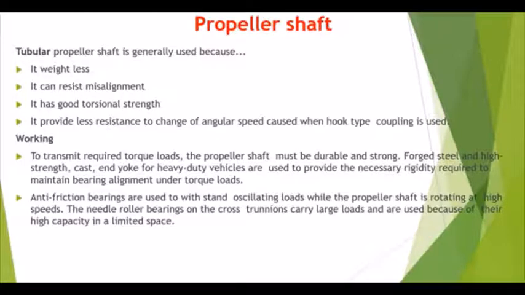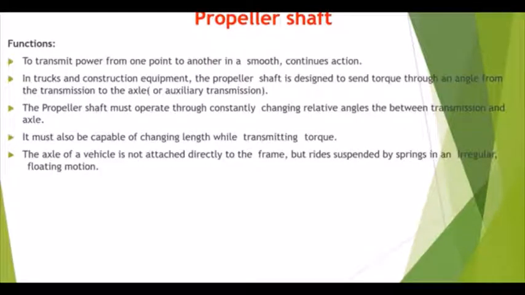In the case of this drive shaft or propeller shaft, there are two different kinds of drive: one is the Hotchkiss drive, and the other is the torque tube drive. I'm not going into detail about how the Hotchkiss drive and torque tube drive work, but you should have a brief understanding of them. The Hotchkiss drive is also a kind of drive shaft, connected to the transmission output shaft and the differential pinion gear.